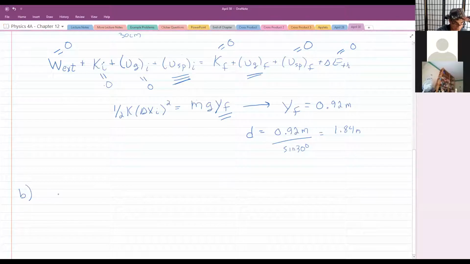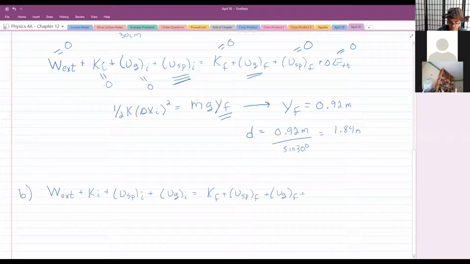So again, I still have this giant work done by external forces, plus my initial kinetic energy, plus my initial elastic potential energy, plus my initial gravitational potential energy equals final kinetic plus final elastic potential energy plus final gravitational potential energy plus any change in thermal energy.